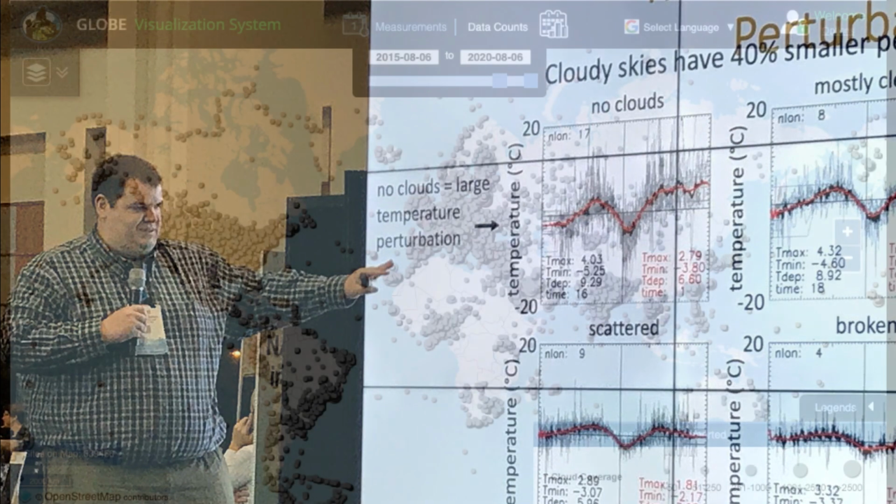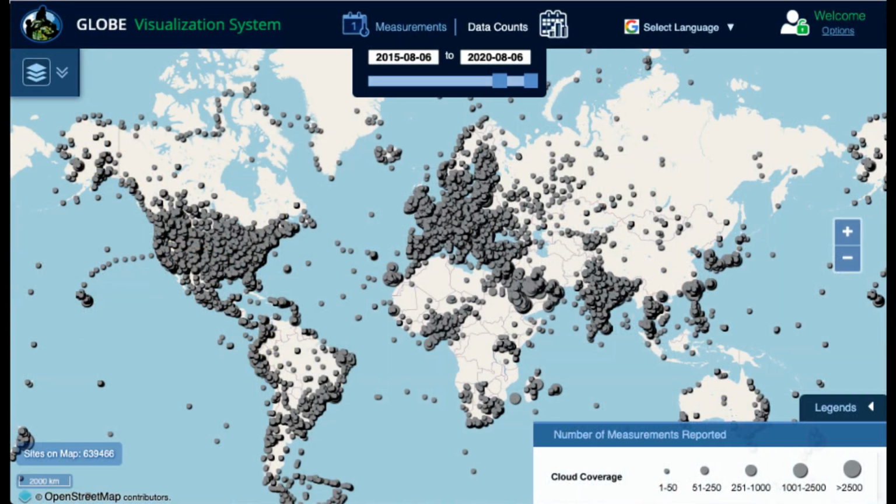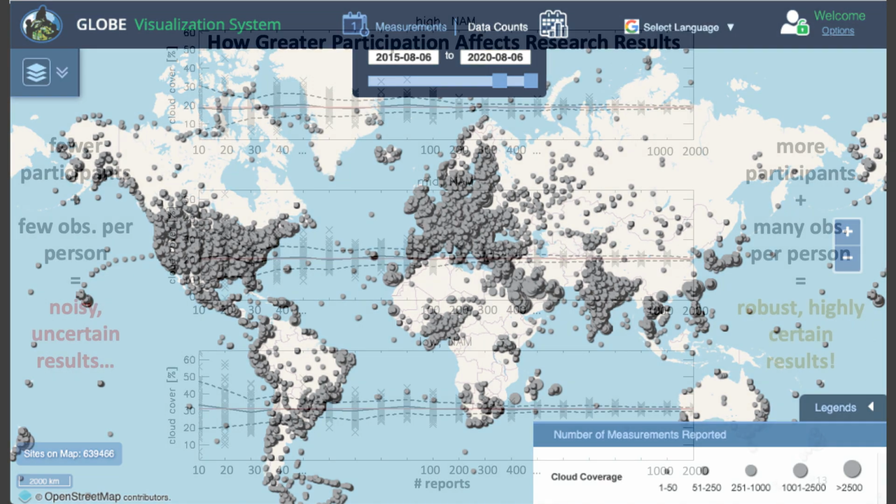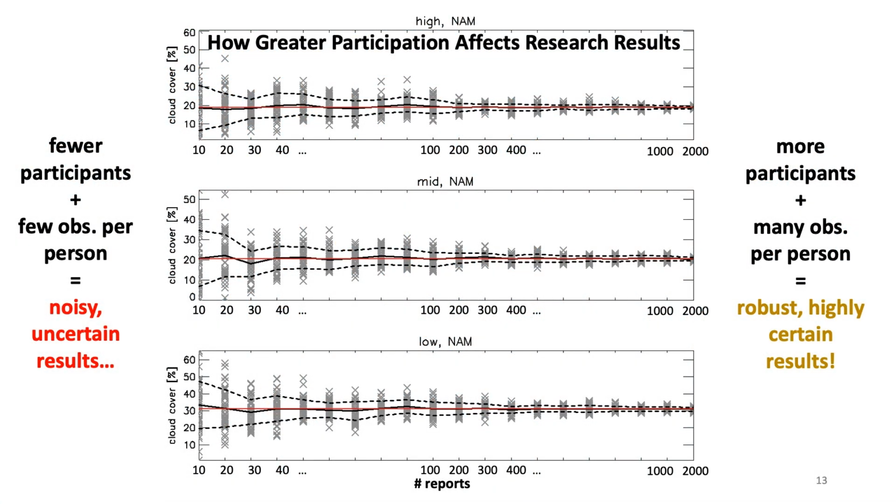So I've been looking into this, and the good news is that what citizen science data lacks in calibration, it makes up for in volume. The strength of citizen science data lies in the number of participants willing to provide lots of observations to help improve the science. I've been working on some experimental procedures to study this, and what I find over and over again is that as the number of observations provided to GLOBE Clouds increases, the messiness of the results drops dramatically.